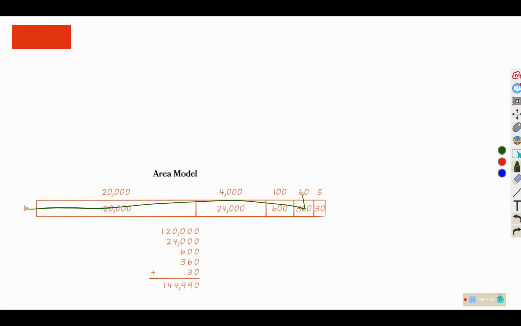And 60 times 6 is 360. And 5 times 6 is 30. So they took all of those pieces inside of the area model and added them together. And they also got 144,990.